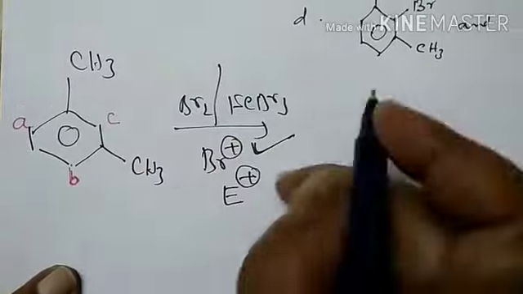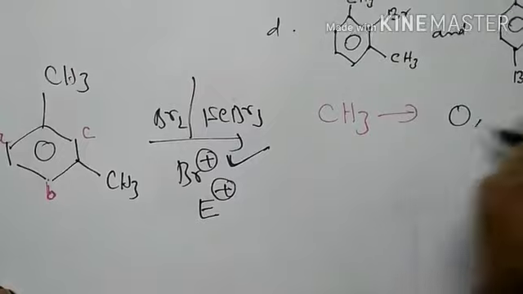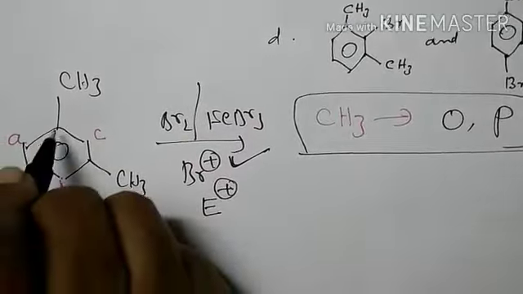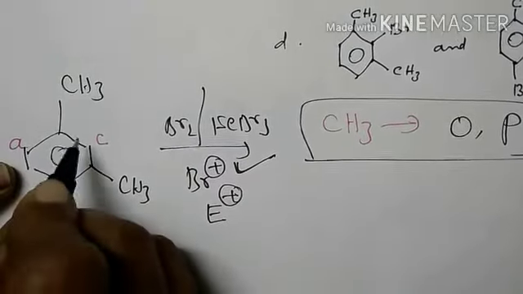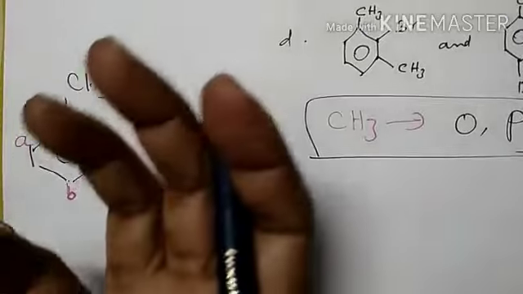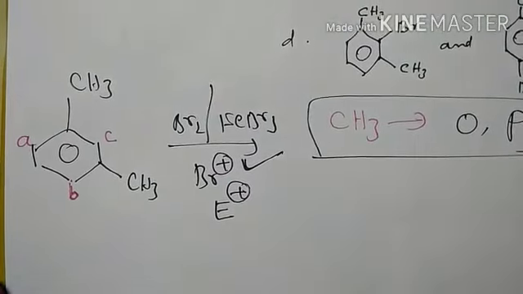Why am I specific about ortho and para? Methyl group is ortho and para directing. So because of that, it enriches the electron on this corner. So among these, all three have probability of getting the electron. Which is favorable, which is not favorable, we are going to see.